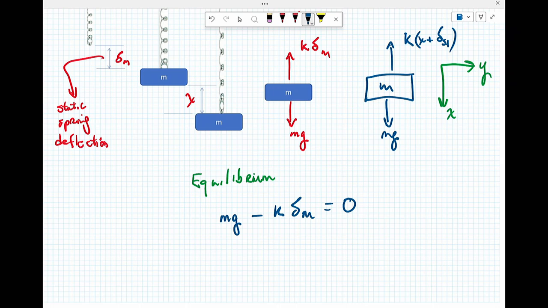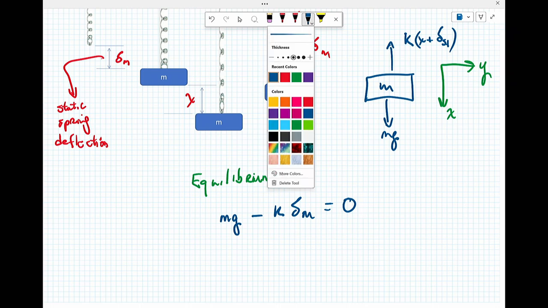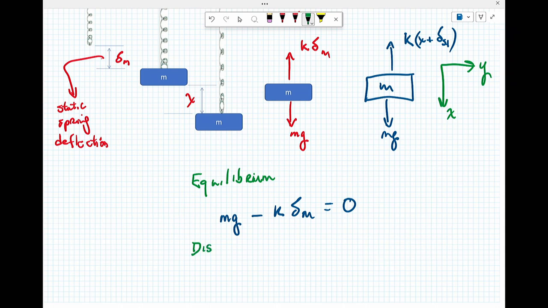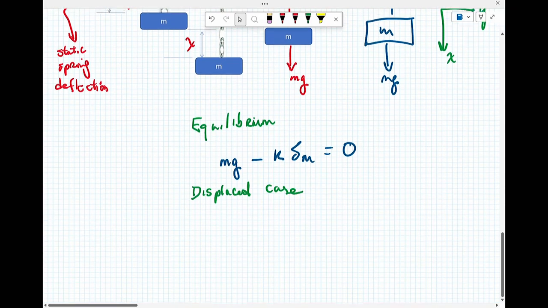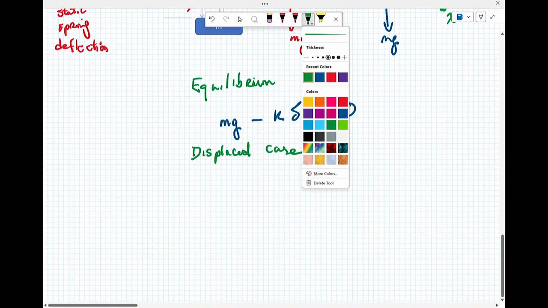So all I'm saying there is that for the equilibrium case, where it's just in balance, and I have defined positive as downward, mg minus k delta m is equal to 0. So one of the differences with this orientation is that I do have to worry about the mass.